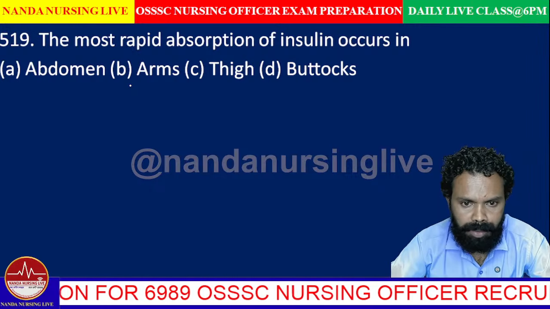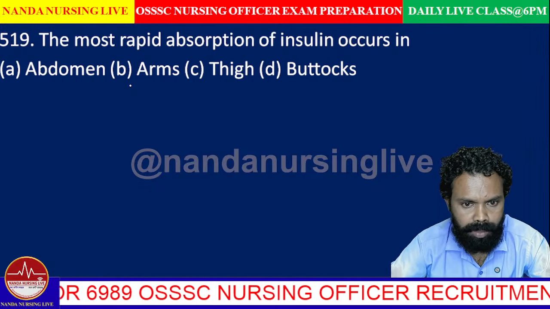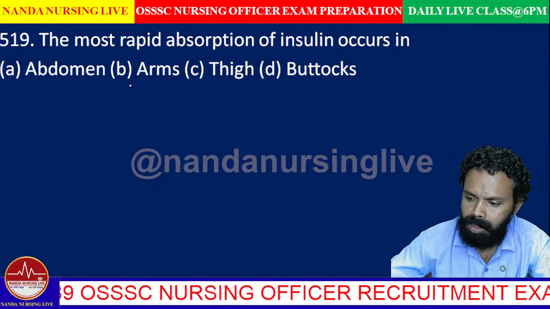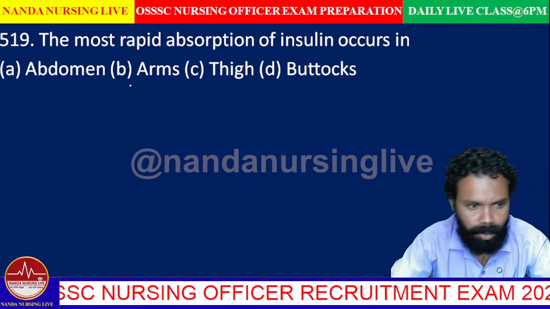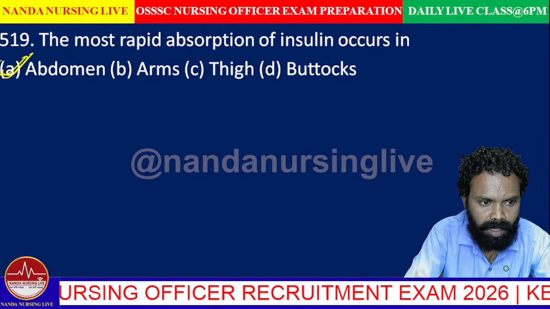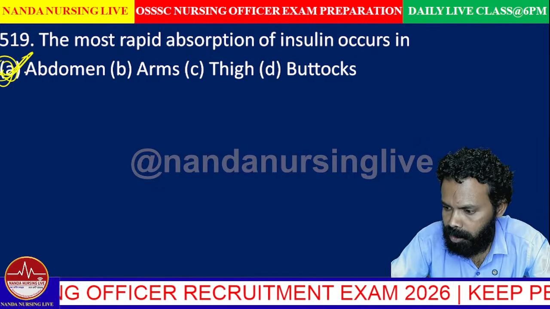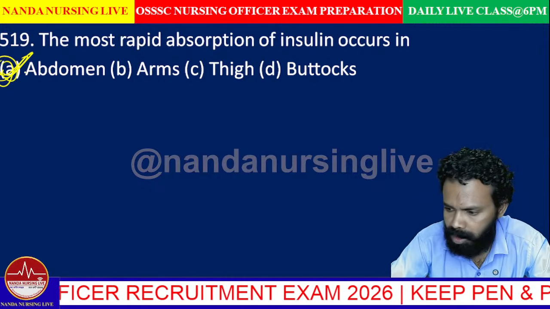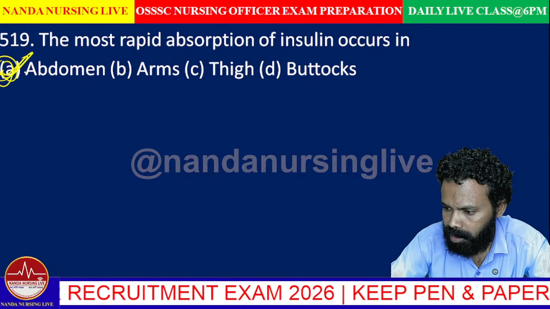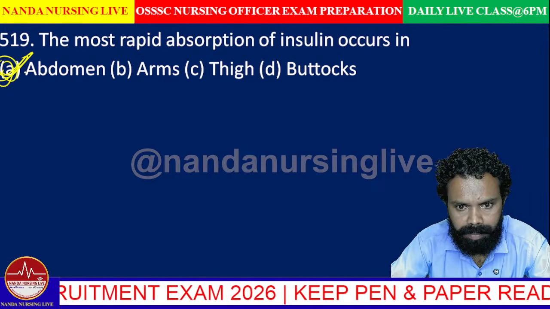The most rapid absorption of insulin occurs in abdomen, arms, thigh, or buttocks. Which option is the correct answer? The correct answer is abdomen, right? Option A is the correct answer. Fastest absorption occurs in the abdomen.